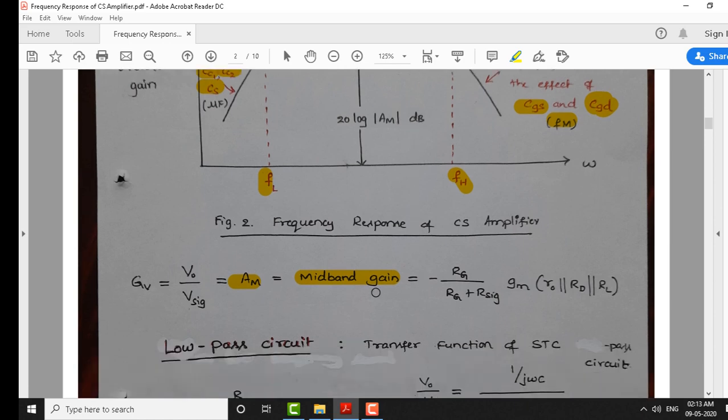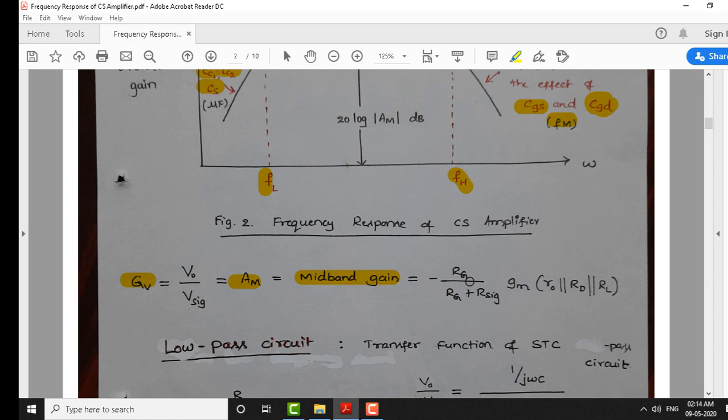The formula for that is minus RG divided by RG plus R signal, into GM times R0 parallel with RD parallel with RL. This derivation we have seen while discussing the common source amplifier, so we are not going to discuss more details on it. Here we are just indicating how we can calculate the overall voltage gain of the common source amplifier in the frequency response.